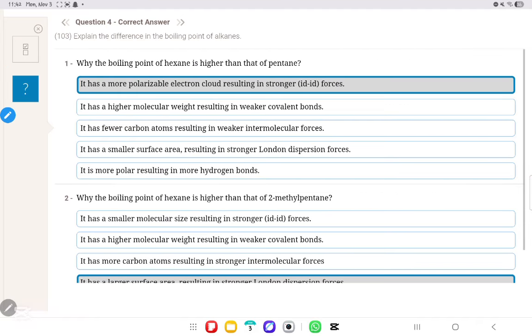Why is the boiling point of hexane higher than that of pentane? Now, hexane is C6H14. Pentane is C5H12. Now, when comparing C6H14 and C5H12, you will notice that C6H14 has more electrons.